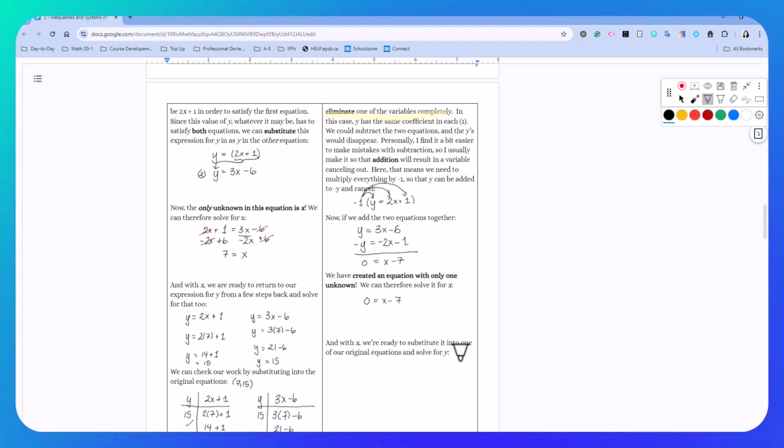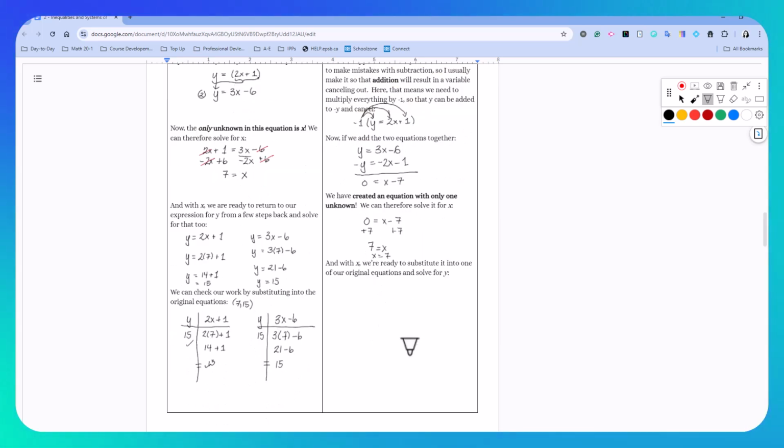And to do that, we have to isolate the x by adding 7 to both sides. So now we have 7 equals x, or if you wish, x equals 7. So now we're ready to substitute the x equals 7 into one of the original equations. And this is really like the last part of the substitution method.